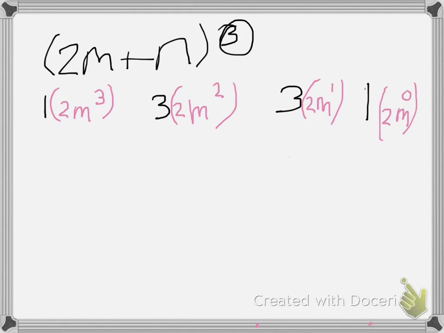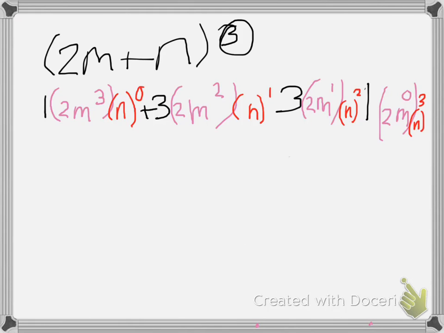Now we're going to do the n cubed. So it's going to go n to the 0, n to the first, n to the second, and n to the third.